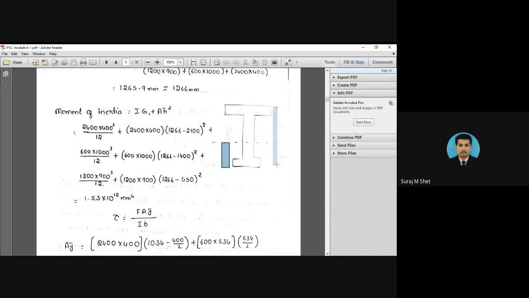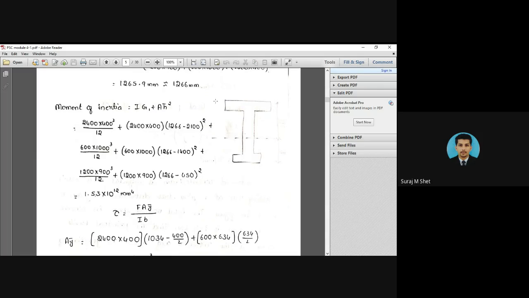Overall depth is 2300. So 2300 minus 1266 will give this value. So what is this value? Here it indicates this value is 1034. So 2400 into 400 into 1034 for the tau.